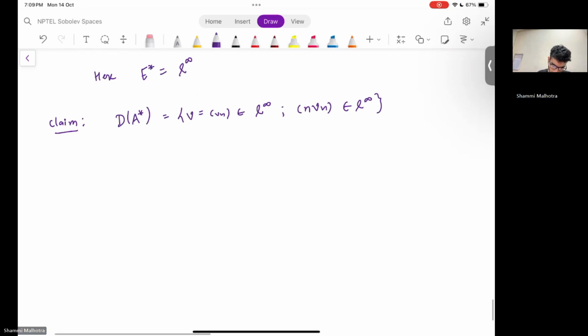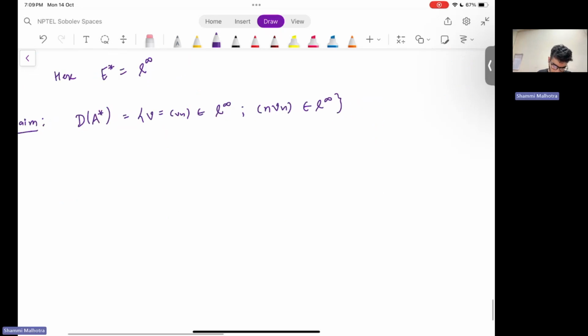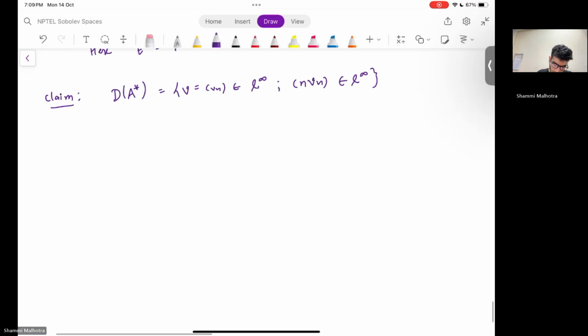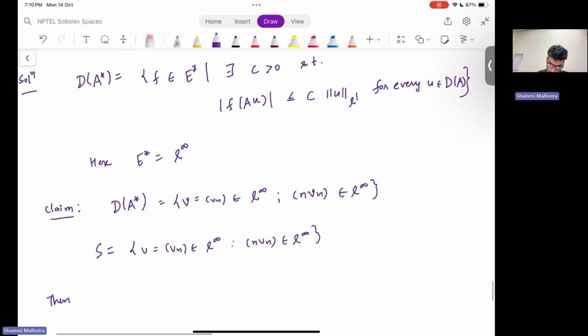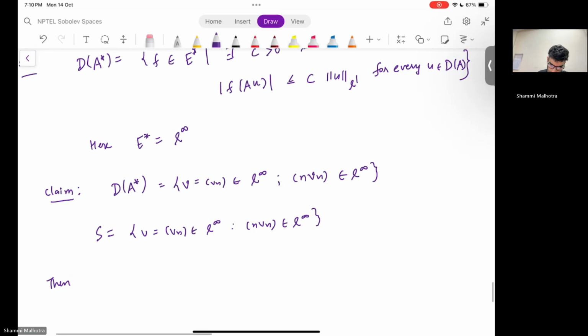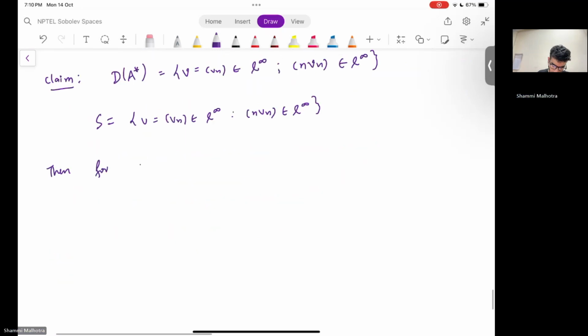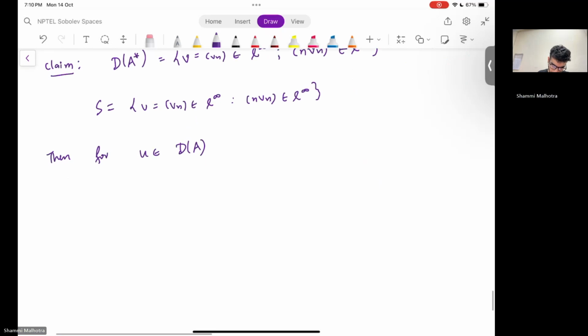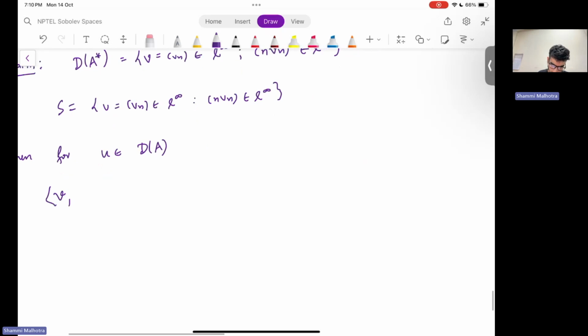So if I define this to be S, all those v in (v_n) which belong to L infinity such that n v_n is again in L infinity, then for u in D(A), we consider the duality pairing of v with Au.